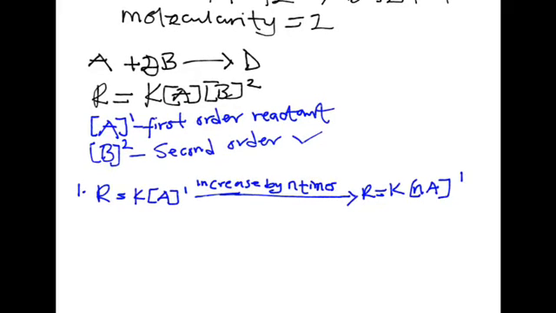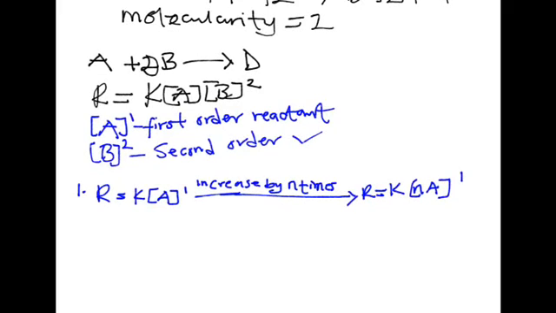We're talking about a rate like R equals K, the concentration of A to the power 1. When we increase the concentration of A by n times, definitely the rate of the reaction also increases by n times.